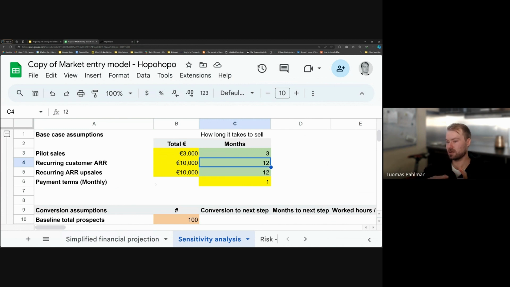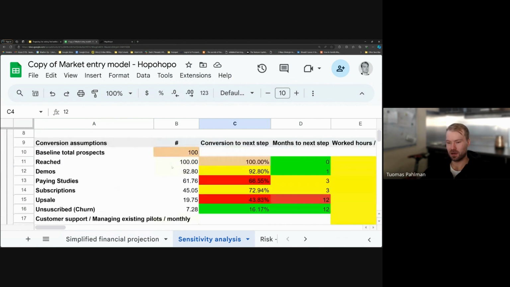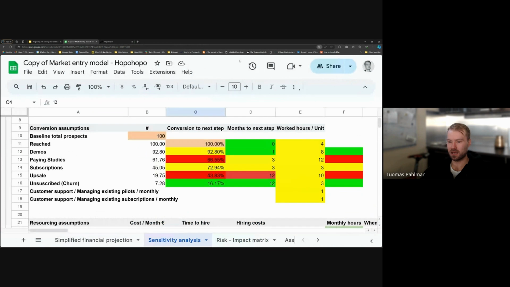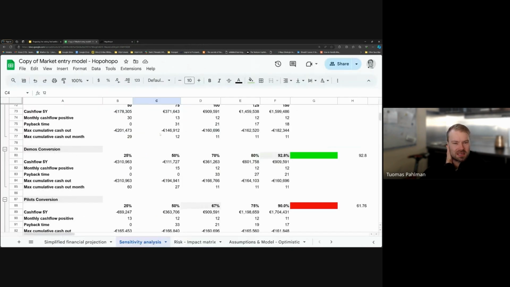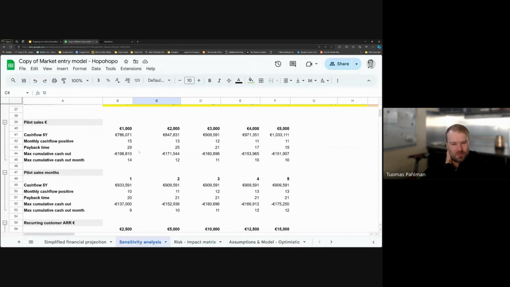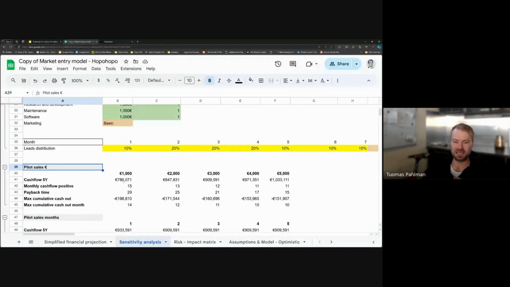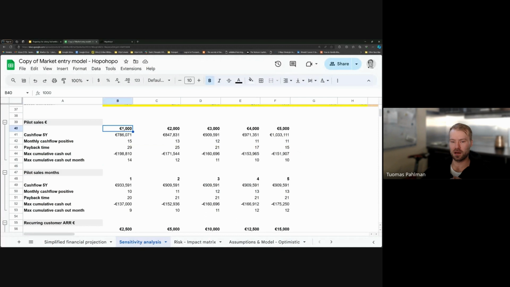What are the main assumptions? For example, in our case, and typically for all cases, it's around the conversions. I'm just showing a brief point here. For our case, we looked at the pessimistic model: if the pilot price would be 1K versus 5K, our cash flow would not change much during a 5 year period.